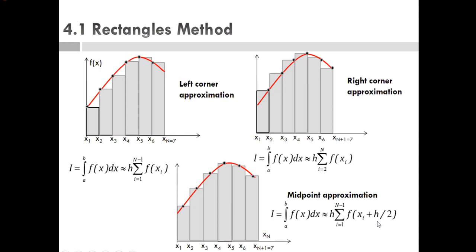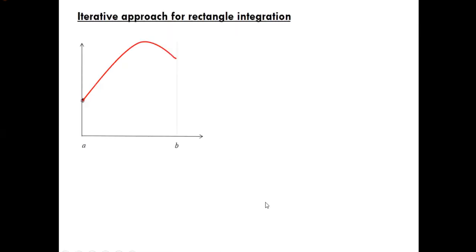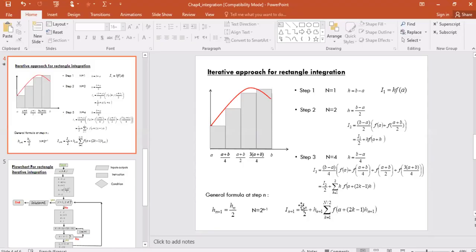Whether you go from 1 till n minus 1 or from 2 till n, it's the same. Because this point here is x6 plus h over 2. The x7 here we don't use. And this is xn here.